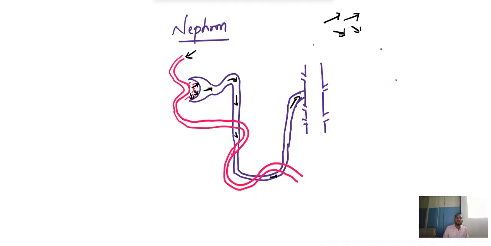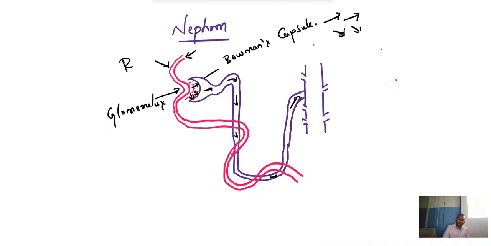Now, from here, we get the water from the kidney, which enters into Bowman's capsule. Bowman's capsule, and this part we call glomerulus. Glomerulus, and this we call renal artery.